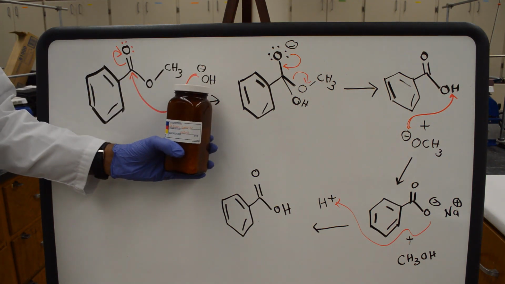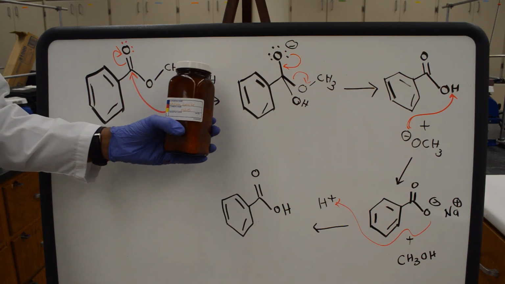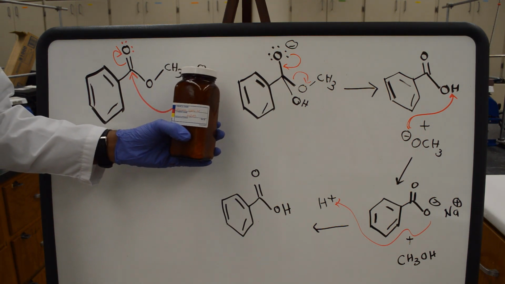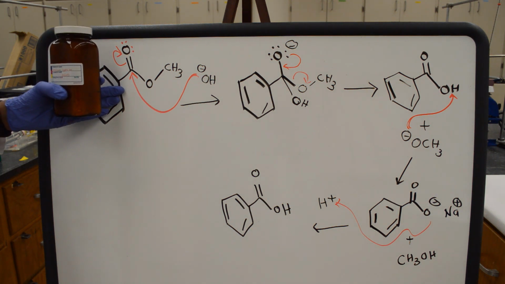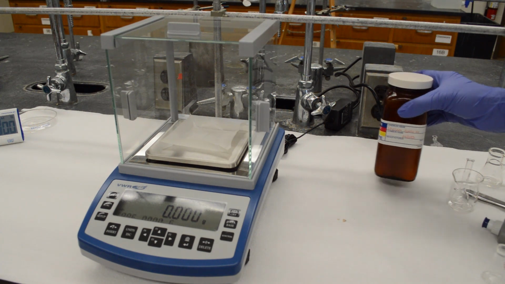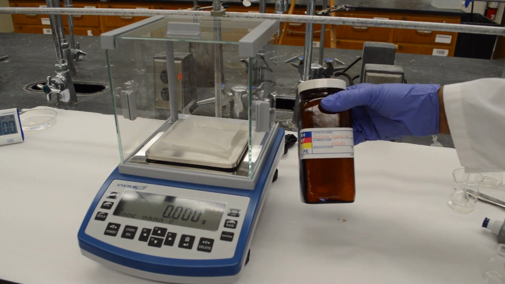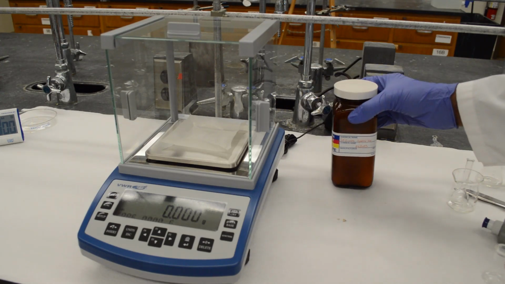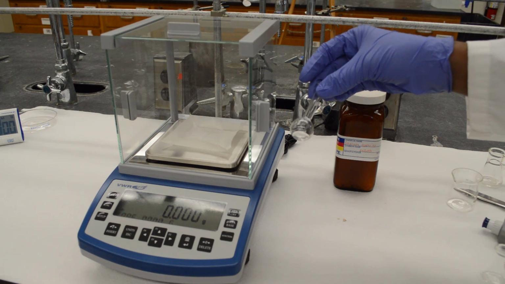Okay, here is our sodium hydroxide, which is a nucleophile. We're going to use the sodium hydroxide in excess, at least 4 times more than the number of moles of methyl benzoate. I hope you have done the calculation to find out how many grams of sodium hydroxide you need to get 4 molar equivalents of methyl benzoate.